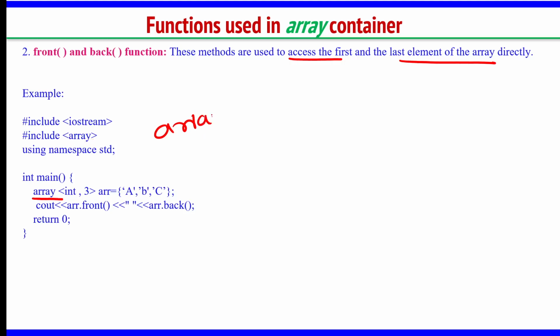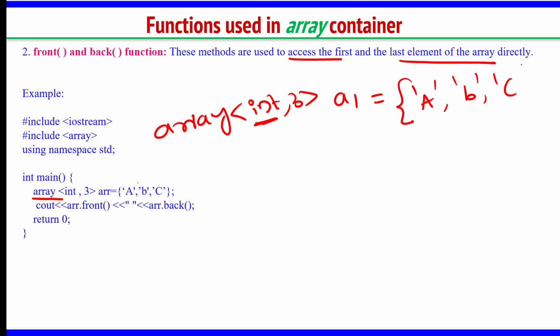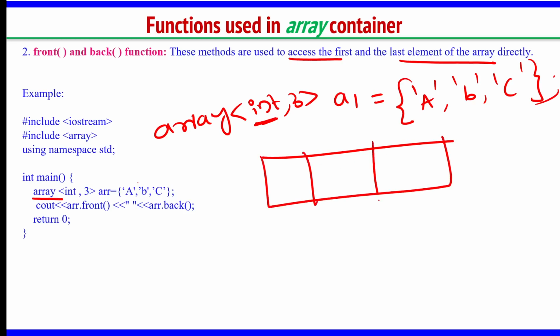Array of int comma 3 elements in that. I am creating a variable a1 equal to, see, though I have given it as integer, I have assigned character values here like this. It means it is creating an array with 3 values.